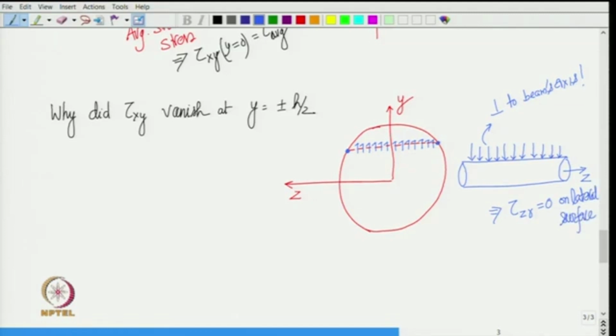But then by symmetry tau r z is also equal to 0, and what is tau r z? This is the radial component of traction on the z plane.